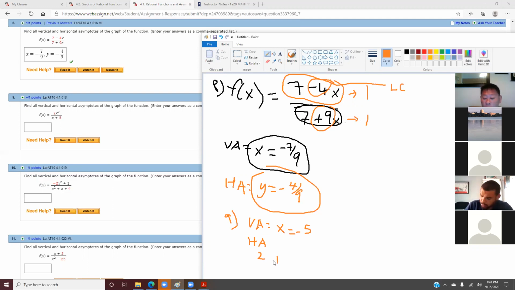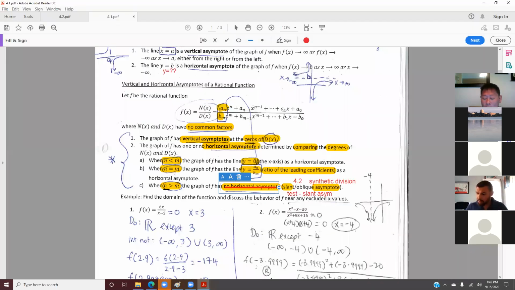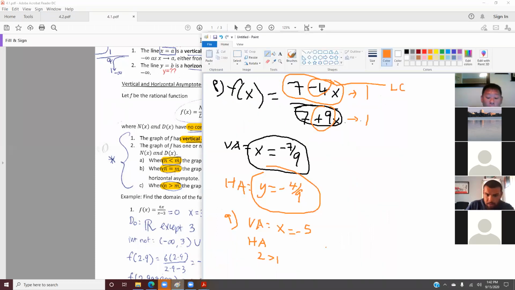So 2 is greater than 1, which is the case where your top power is greater than your bottom power. So in this case, there is no horizontal asymptote.